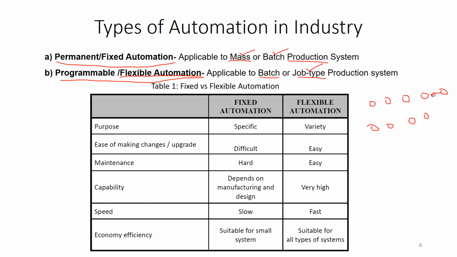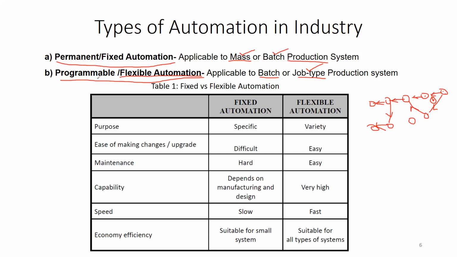Firstly, suppose the part was moving like this from this part to this part. In second, it may be moving like this to this. Okay. So if a robotic arm is installed over here, firstly, it may be working between these two machines. In second case, it may be working between these two machines like this.